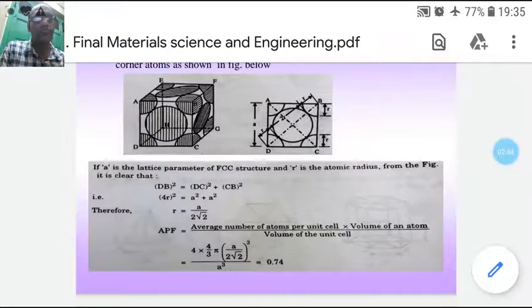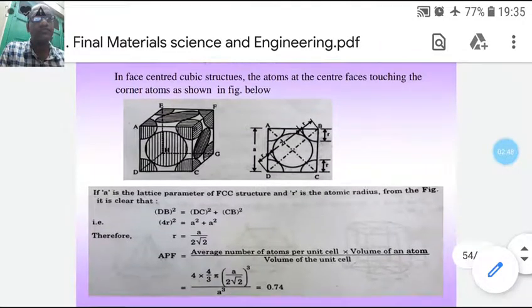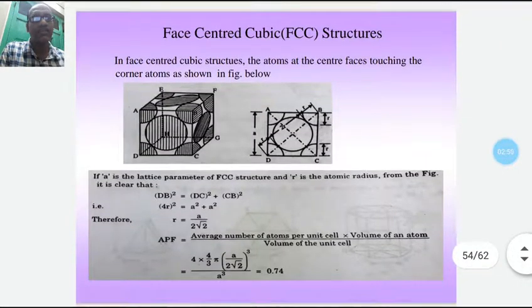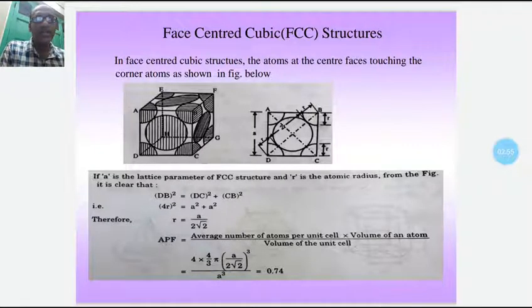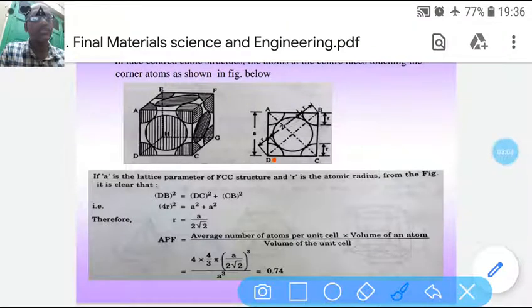So if a is the lattice parameter of the FCC structure and R is the atomic radius, from this figure it is clear that dB square is equal to dC square plus CB square. dB we can calculate as 4R in total, and dC is a and CB is a.